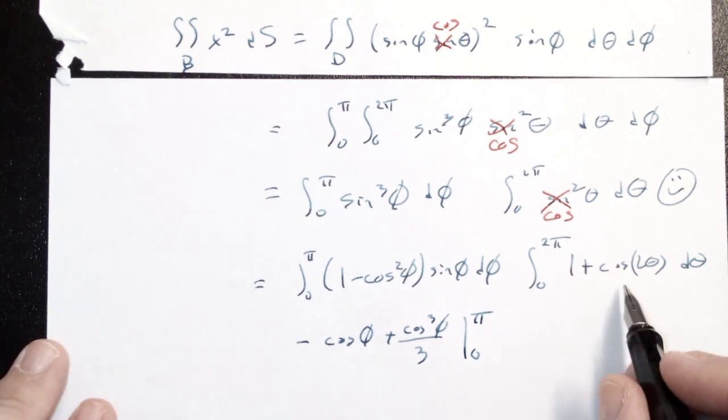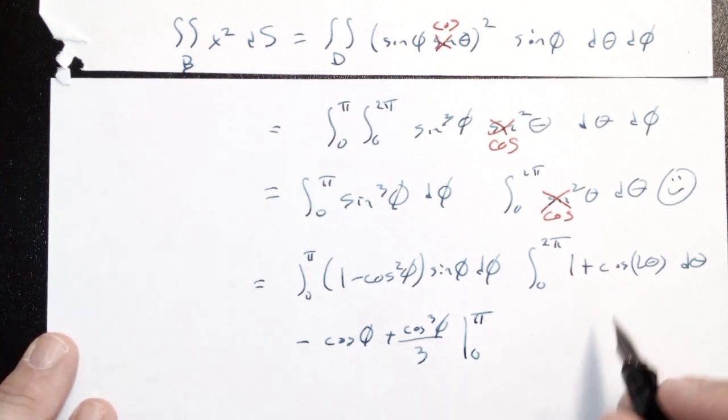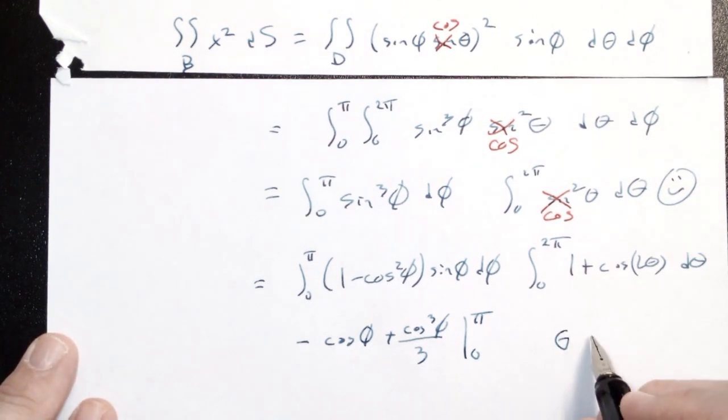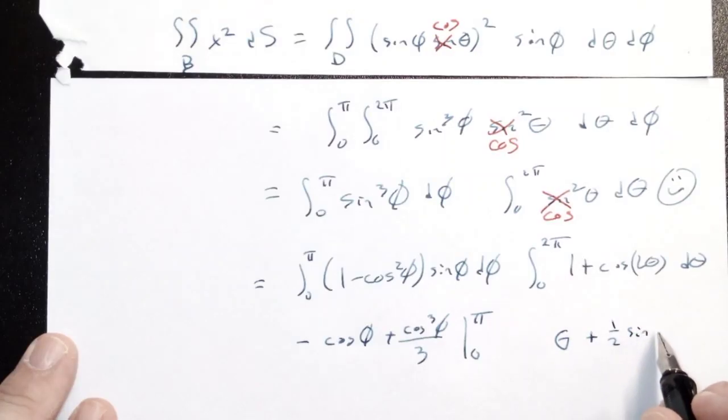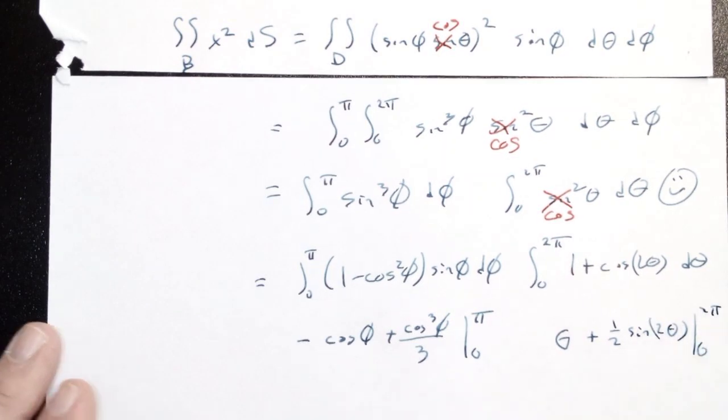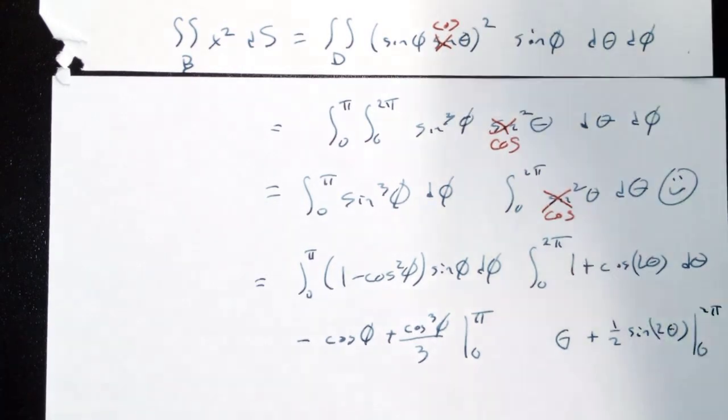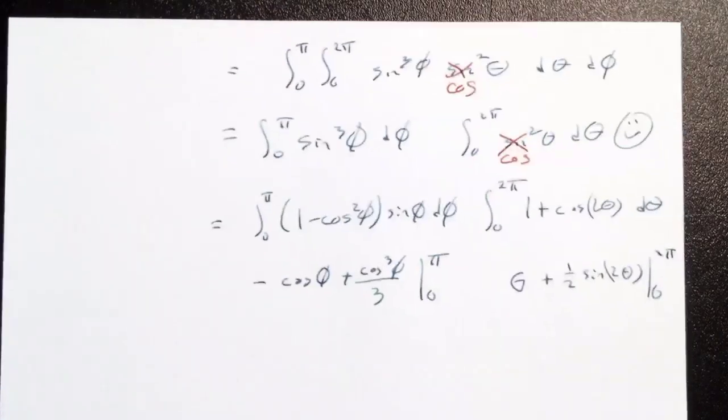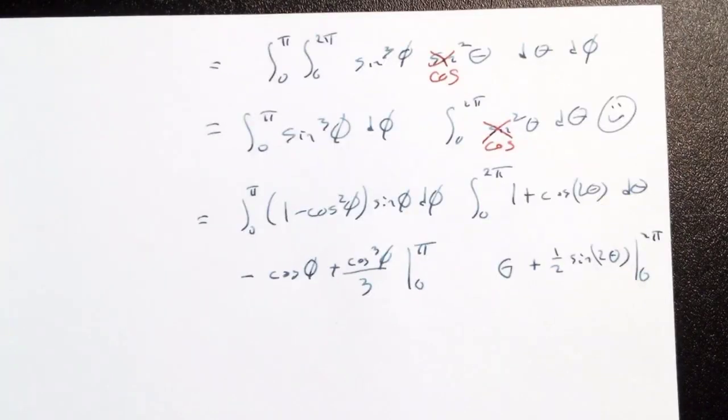And then here, I'm going to get theta plus 1/2 sine 2 theta, 0 to 2 pi. Those are both regular ordinary u substitutions. Yay.